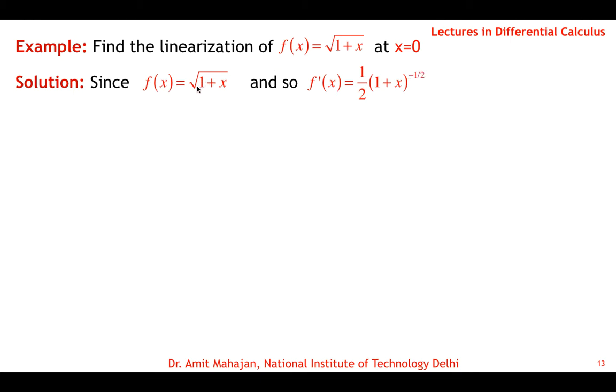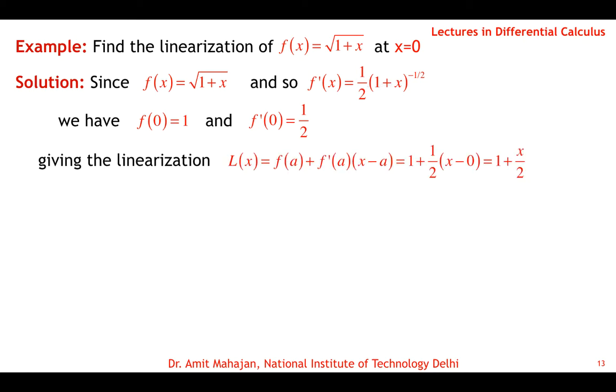Then we use the linearization equation: L of x is f of a plus the derivative times x minus a. We need f of a and the derivative value at a, where a is 0, so we calculate f of 0 and f dash of 0, substitute all the values, and find that the linearization is 1 plus x by 2.